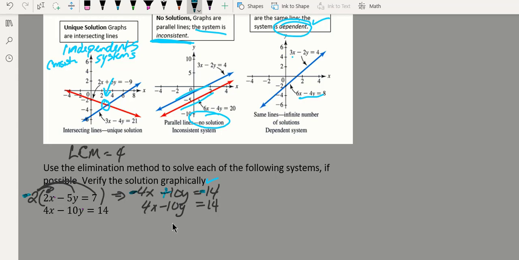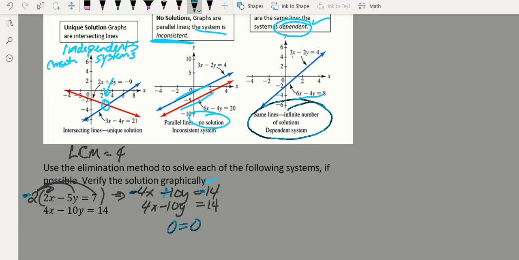Now when I add everything together, 0 equals 0, right? If you could not tell, they were technically the same line, meaning that there are infinitely many solutions and they are a dependent system.